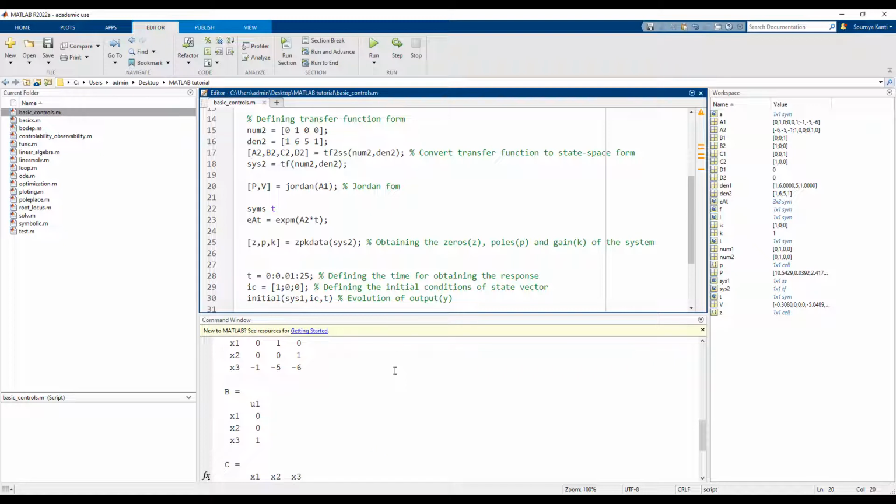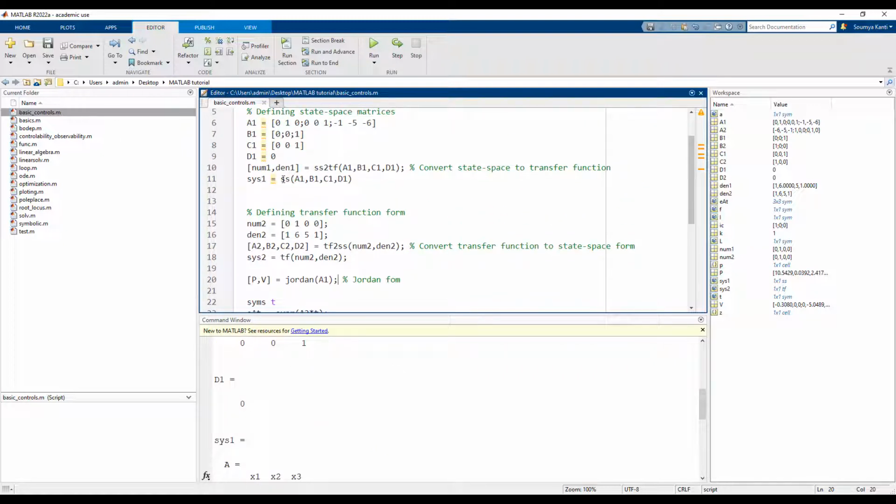You can see this is sys1, which I have defined. This is A, and they also mention the state space variables x1, x2, x3.